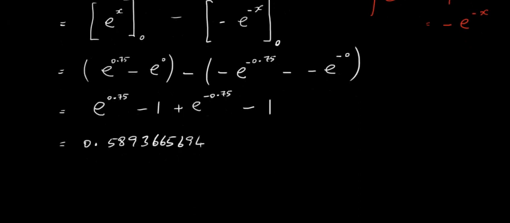So let's do that. Here's 1, 2, 3, 4 decimal places. This is a 3, and there's a 6 after it, so we're going to round this up to 4. So this is approximately equal to 0.5894. This is our area between those 3 curves. Okay, so that's it for this video.